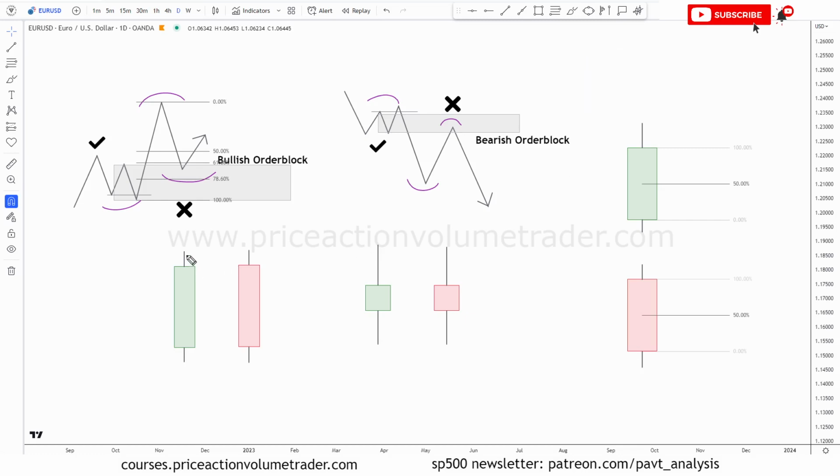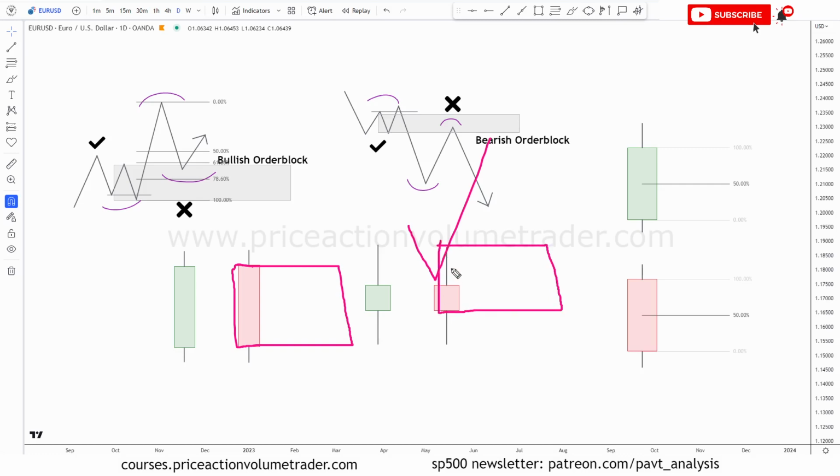And if we have a big candle body with small wicks, then I will tend to draw the block just using the candle body. But if we have little bodies with big wicks, then usually in this case, let's say this is a last push down that then goes up, I will generally take the wick as well and then the body.